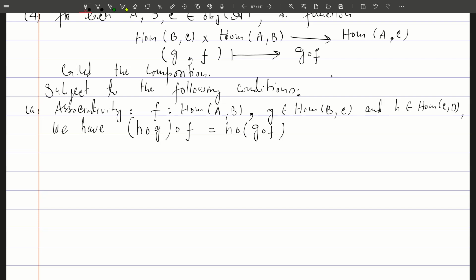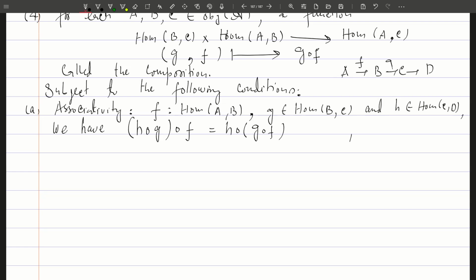So if we have A, B, C, D objects here, and between these objects we have the maps.